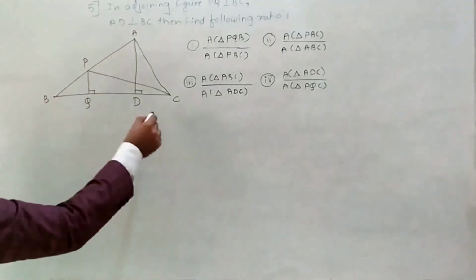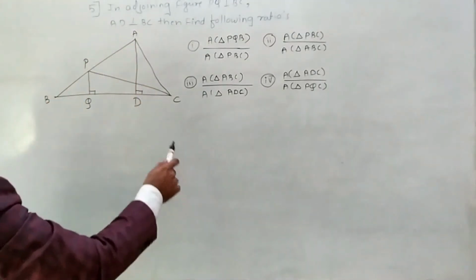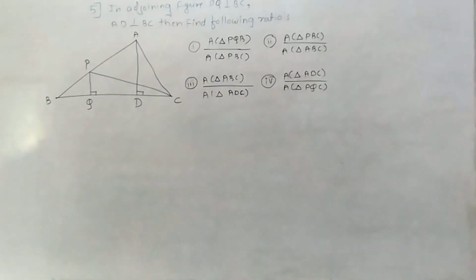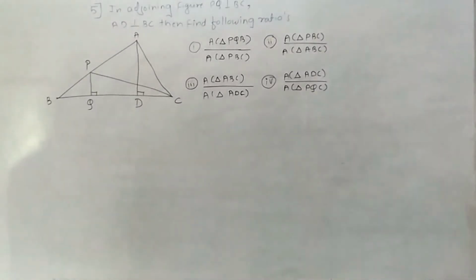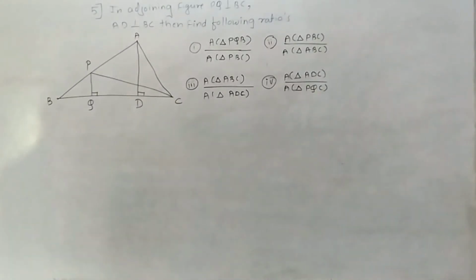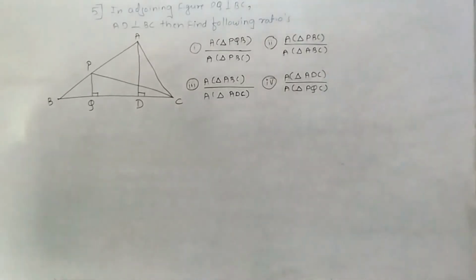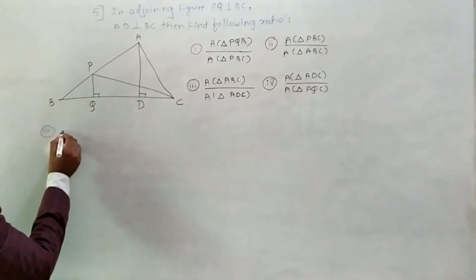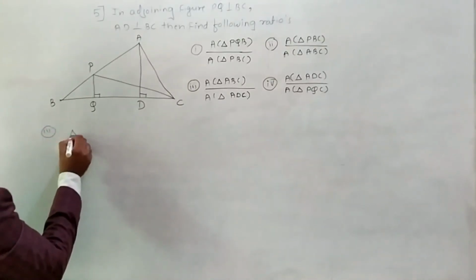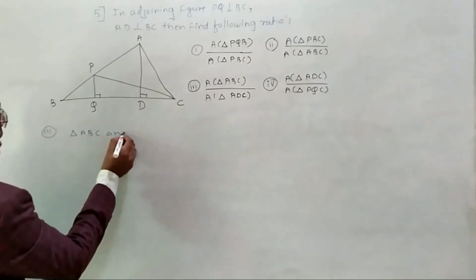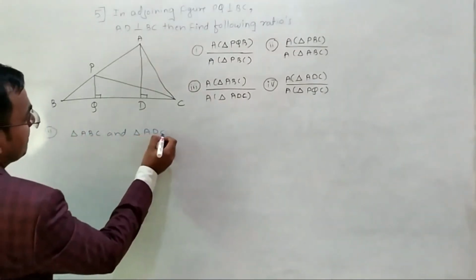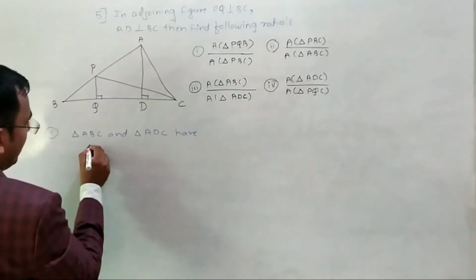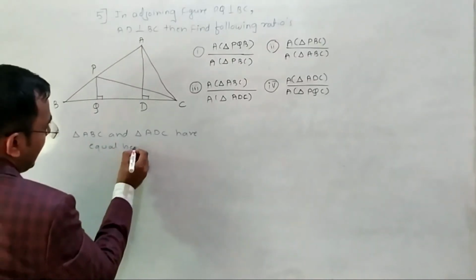In ABC and ADC, these two triangles have common height AD. So we know that ratio of area of two triangles with equal height is equal to the ratio of their corresponding bases by condition 1. So write down sub question number 3. Triangles ABC and ADC have equal height.